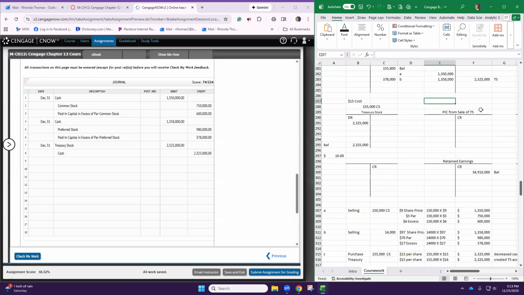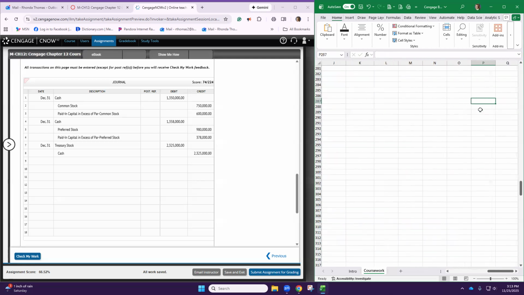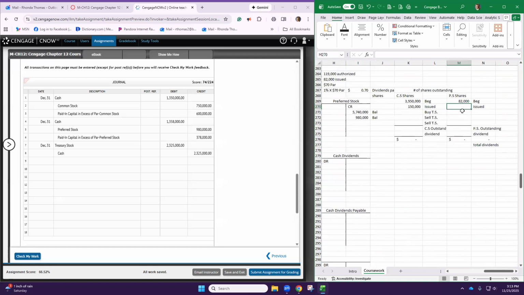Now over here, sorry, it must be up here. Yeah, up here. We forgot we issued 14,000 shares there of the preferred. Now we're buying treasury stock. We aren't going to mess with preferred anymore, I don't think, but we're going to buy treasury shares.